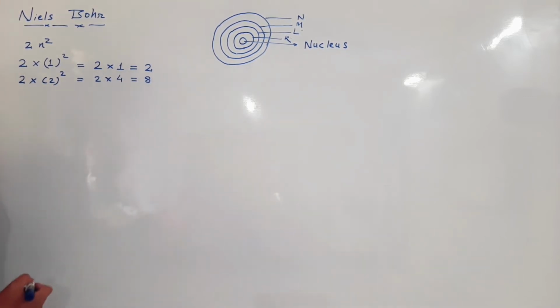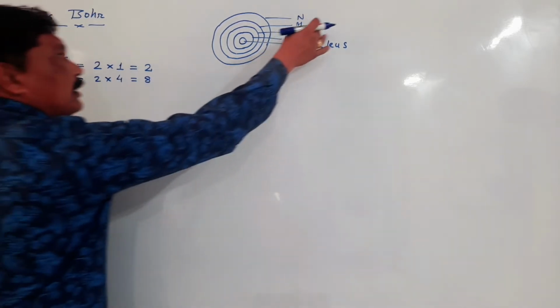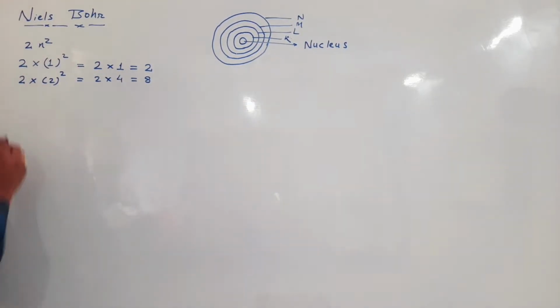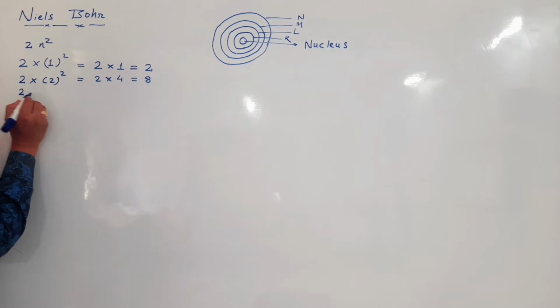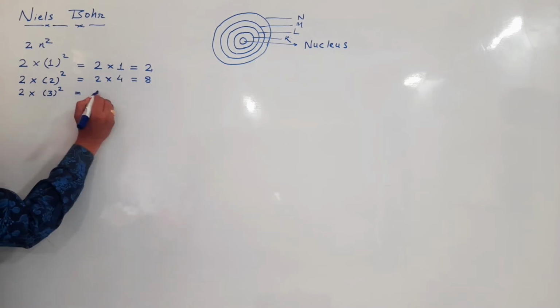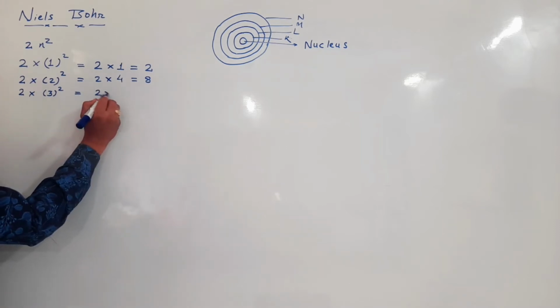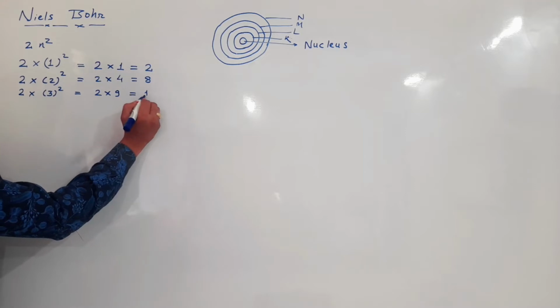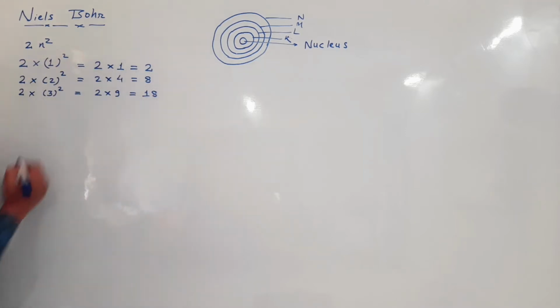So the number of electrons present in the L shell will be 8. 2 into 3 square is equal to 2 into 9, which is 18.